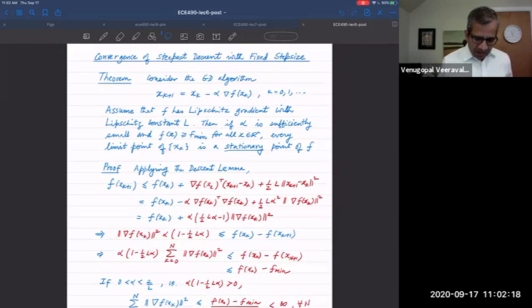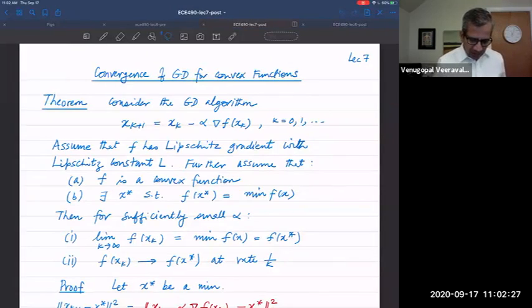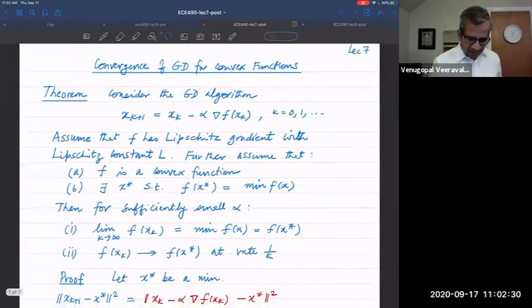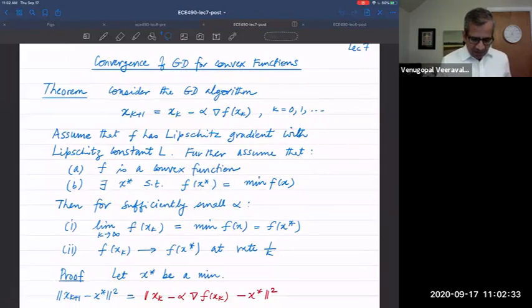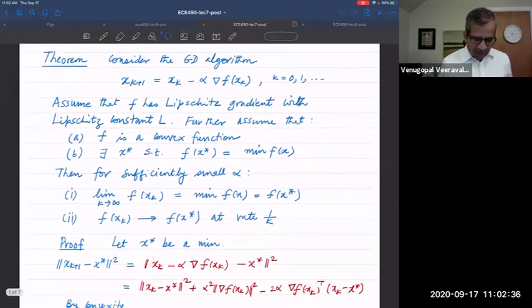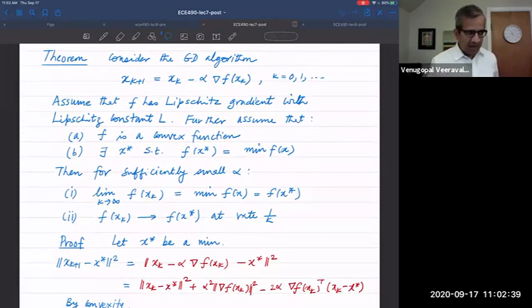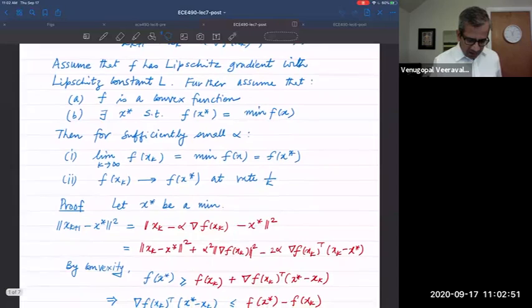Okay, good. And then last class we kept the Lipschitz condition and asked what happens if the function is convex. We found that in that case, the iterates converge. So x_k, basically all the limit points go to the same x star, which is a minimizer of the function, at rate 1 over k.